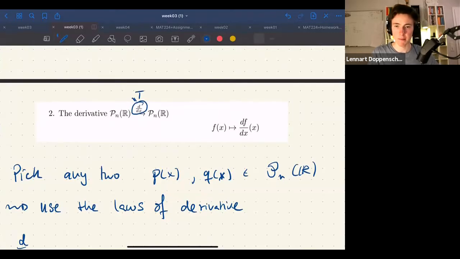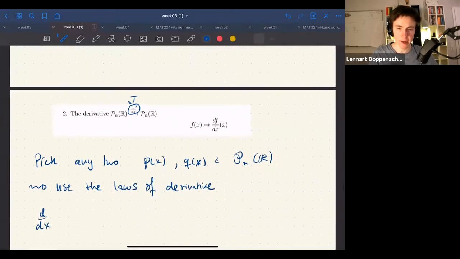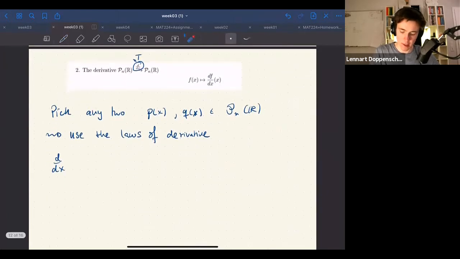The name is d by dx. So d by dx takes an input, which is a polynomial, and gives back a polynomial. It's going from polynomials to polynomials, and it just takes the derivative.